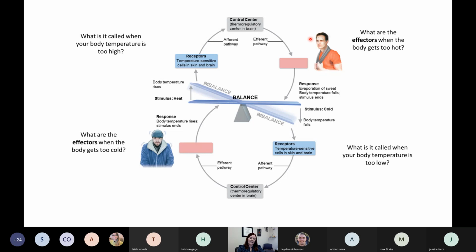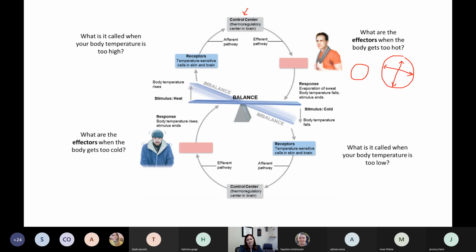But the other thing that we do is we talk to our blood vessels. Remember those blood vessels we had in the dermal papillae? They helped to bring oxygen and nutrients to the skin. When I'm really hot, the control center says, hey, blood vessels, I need you to do vasodilation. I'm going to type it in the chat for us here. Vasodilation.